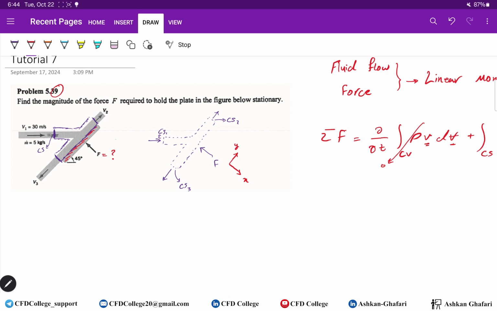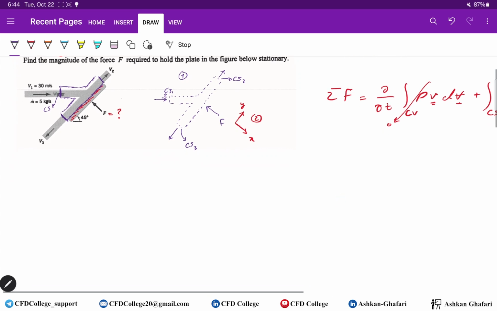The X axis is mostly chosen in a way that it is parallel to any force that you want to calculate. So step number 1, control volume. Step number 2, coordinate system. And step number 3, which is solving the problem in the direction that you want.